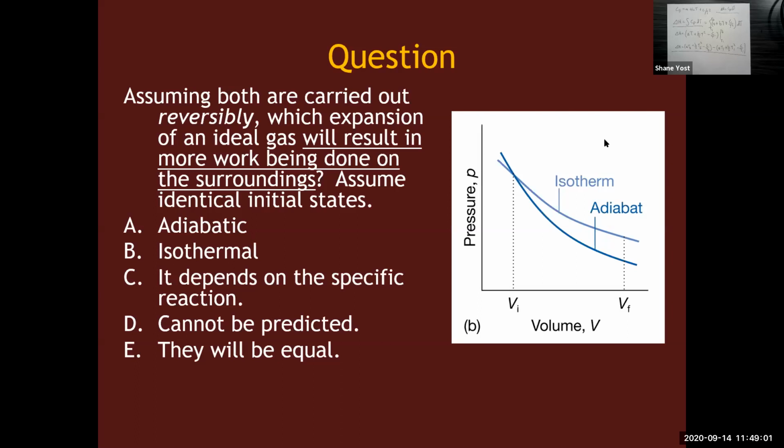So the work done by a gas, if you plot pressure versus volume, is related to the area underneath that curve. Knowing that, which one of these does more work? Isothermal. Isothermal does more work than adiabatic expansion.